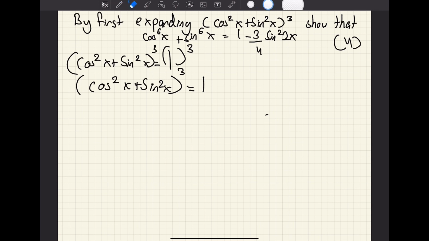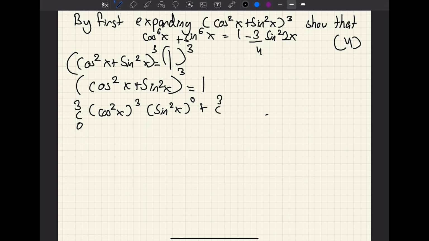So 3C0 cos square x cubed, sine square x to the power of 0. There's no need to write that because anything to the power of 0 is equal to 1. Plus 3C1 (cos square x) squared sine square x. Oh, I'm running out of space.